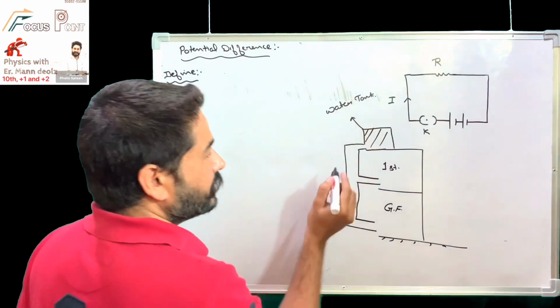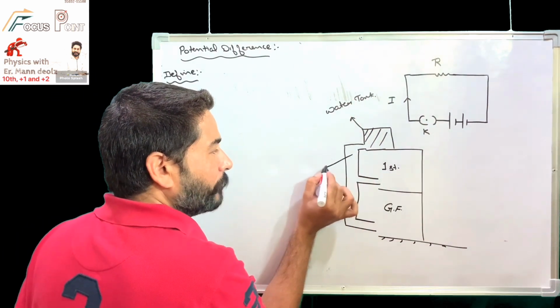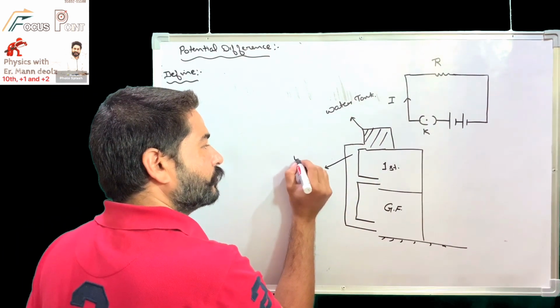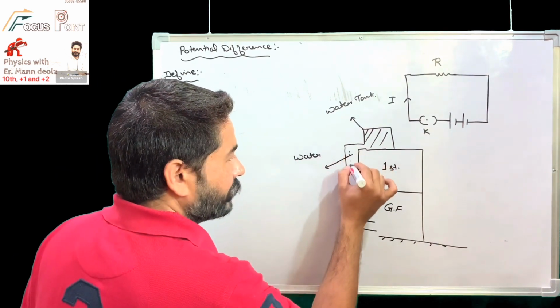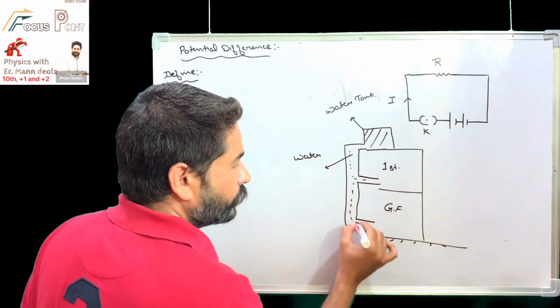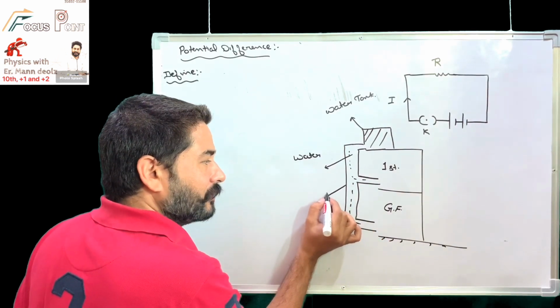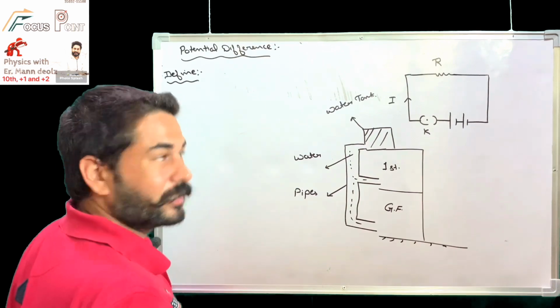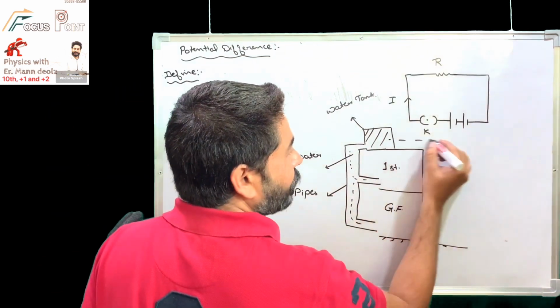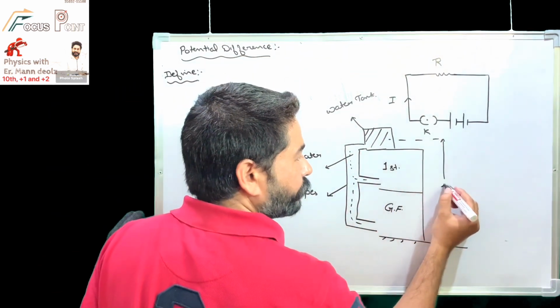So this is a water tank, and through the pipes, water moves, like this we can imagine. These are the pipes in which water flows. Suppose the water tank is kept at a height h.